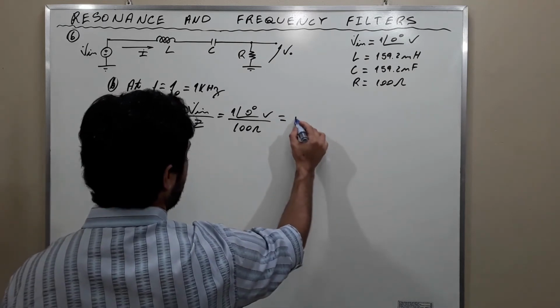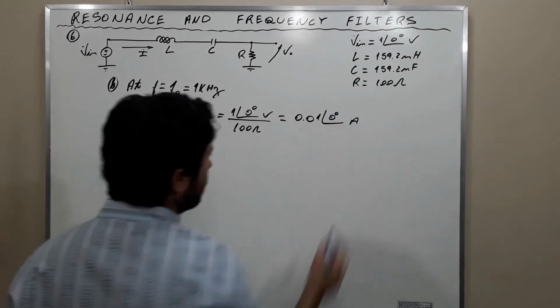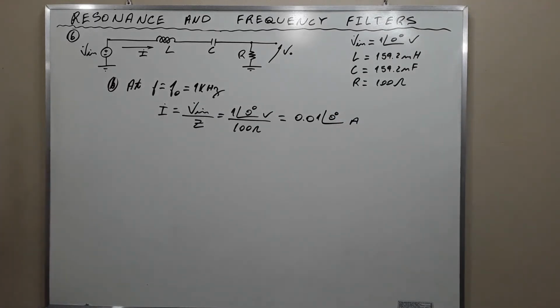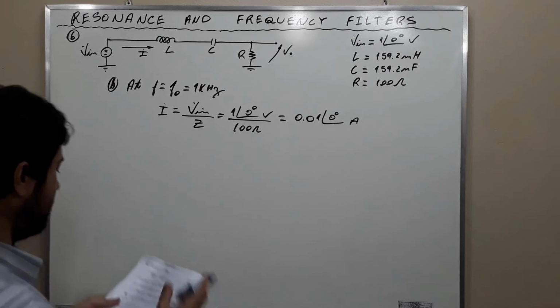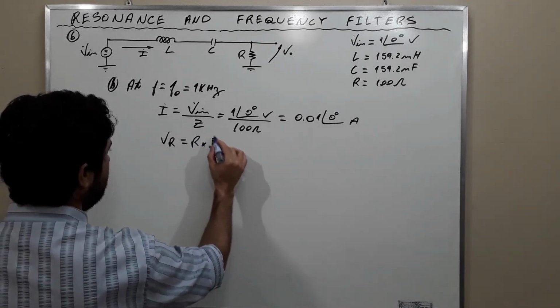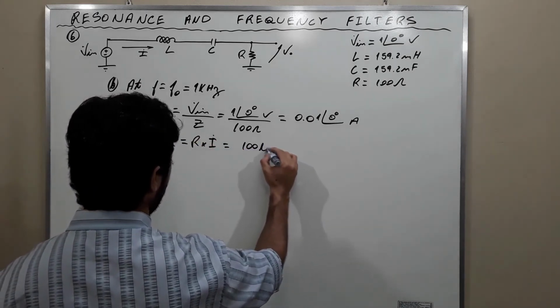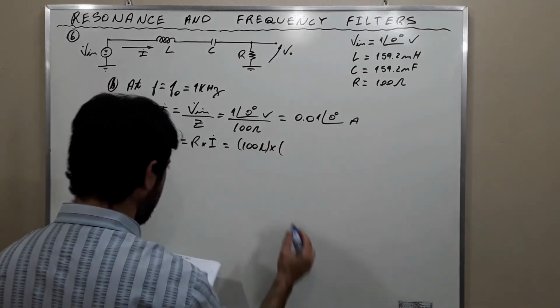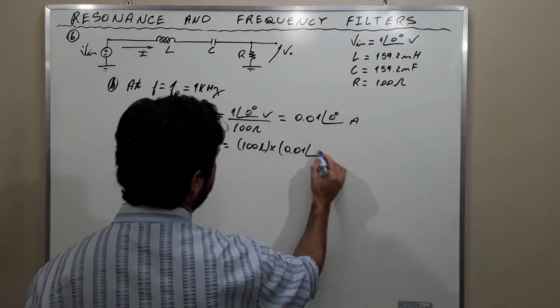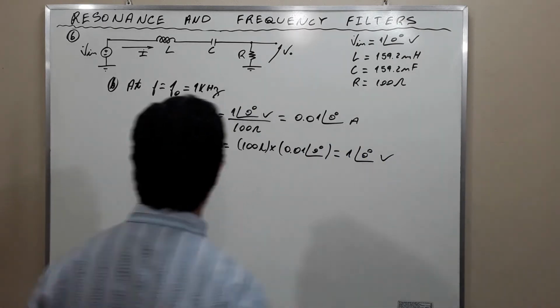And this gives a current of 0.01 phase 0 degrees amps. Okay? The voltages across all the elements can be calculated using the current. VR is equal to R times I, and this is equal to 100 ohms times the current, 0.01 phase 0 degrees, and this is a voltage of 1 phase 0 degrees volts.